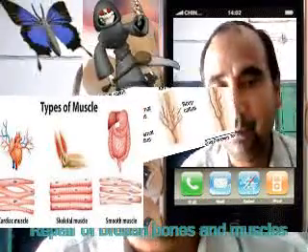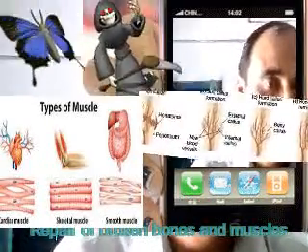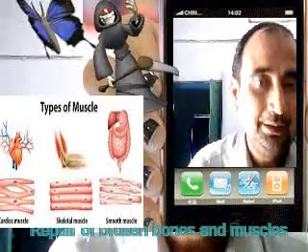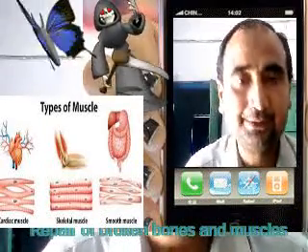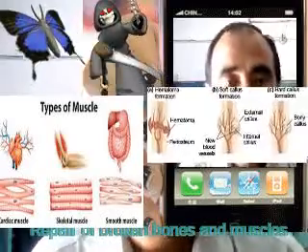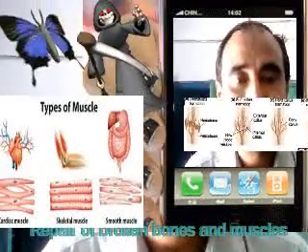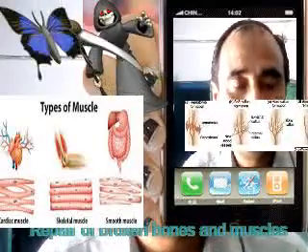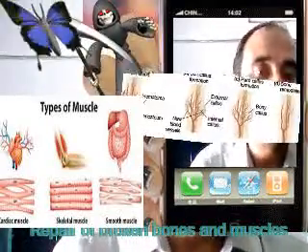Muscles are of three types in vertebrate animals. These are called smooth muscles, cardiac muscles, and skeletal muscles. Smooth muscles are the earliest form of muscles evolved in vertebrates.